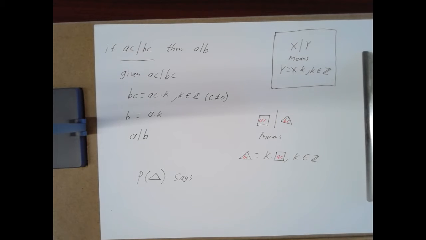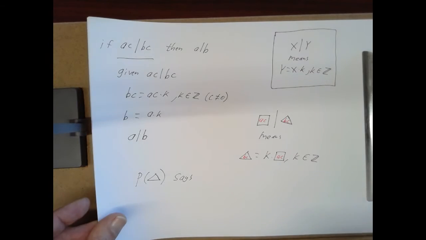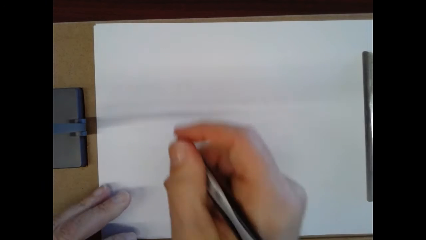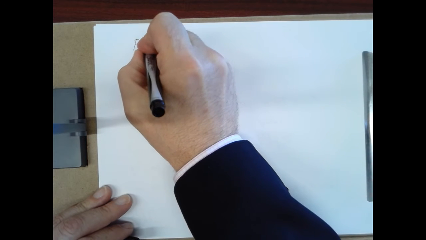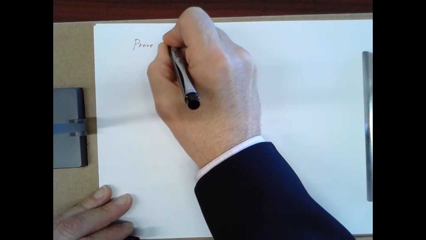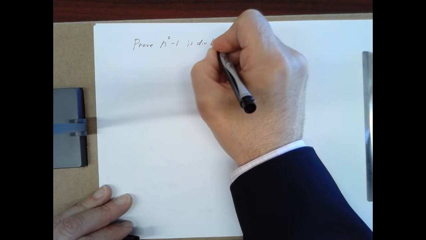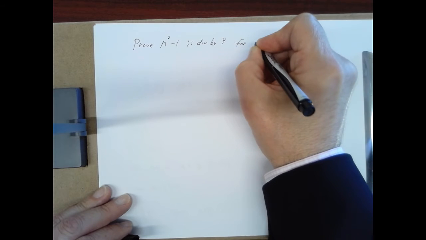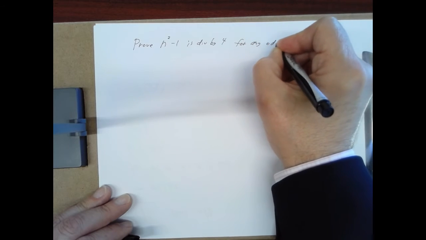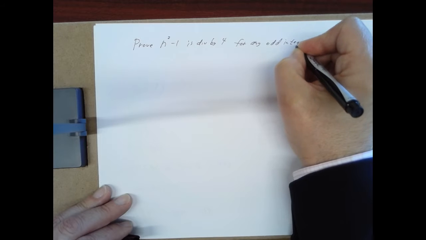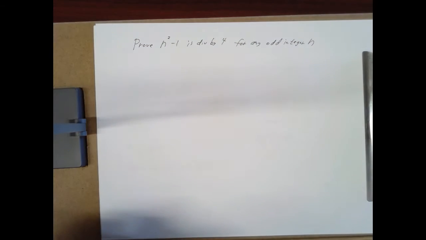I was specifically thinking about the square of an odd integer minus 1 is divisible by 4. So is it something like this? Something like that.